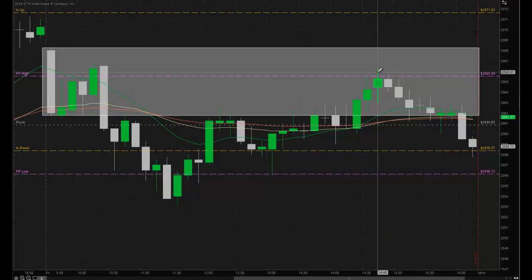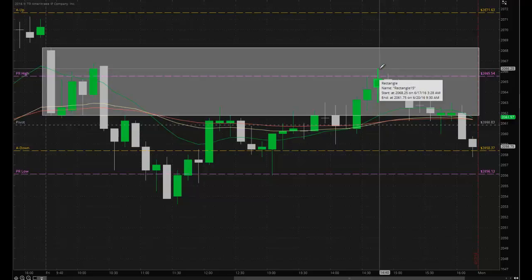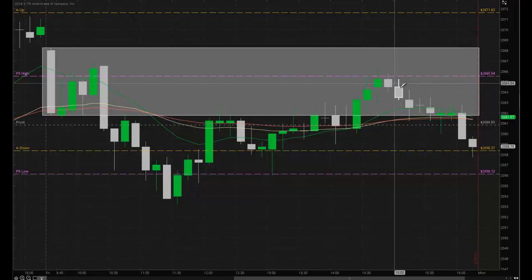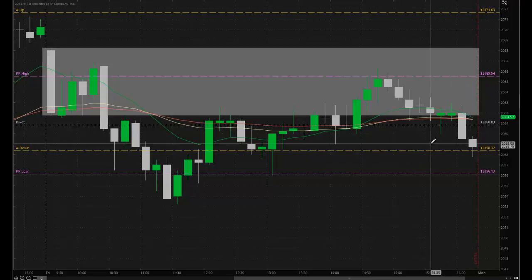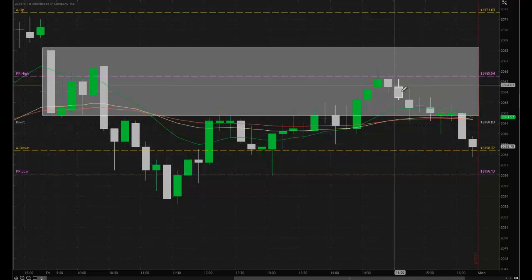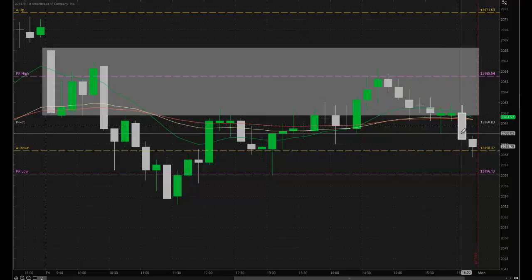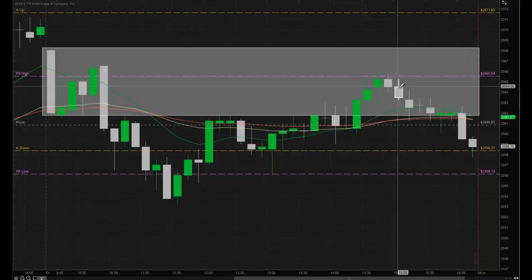It came right up here to it and went a little bit above it, this high, 66.25, and then got rejected at the A up for the afternoon opening range and then pushed down. And that A down for the afternoon was 55.75, and of course we couldn't reach that, but we did push back and get rejected here back out of the opening range.